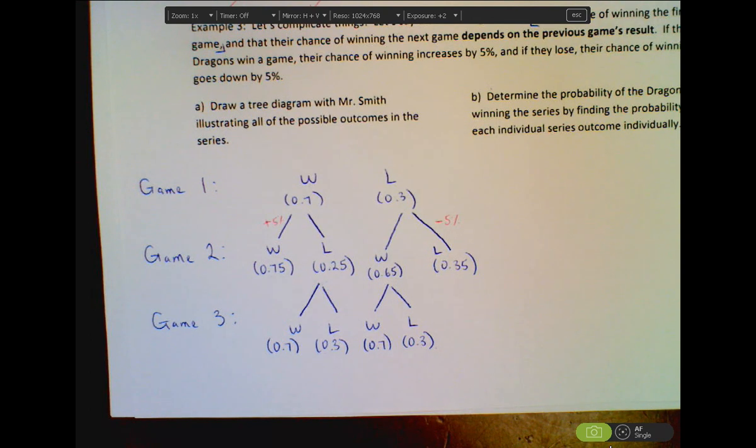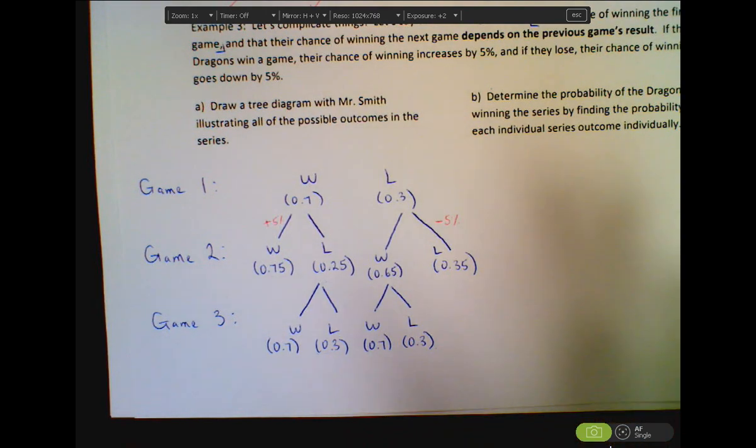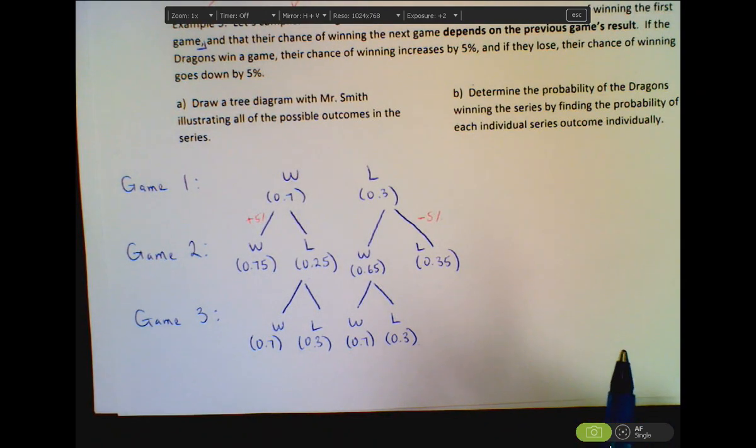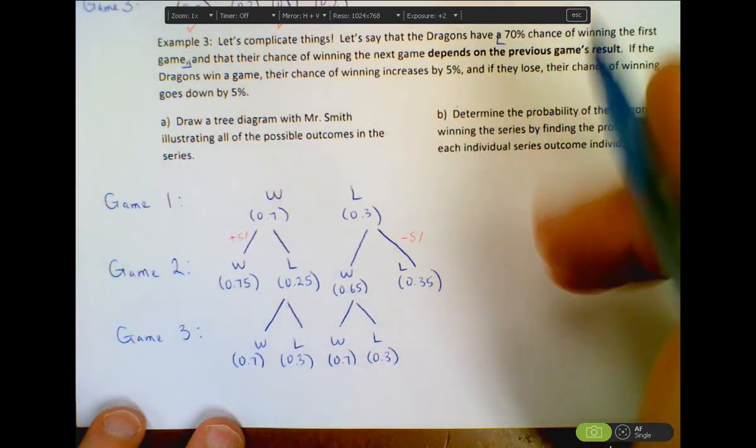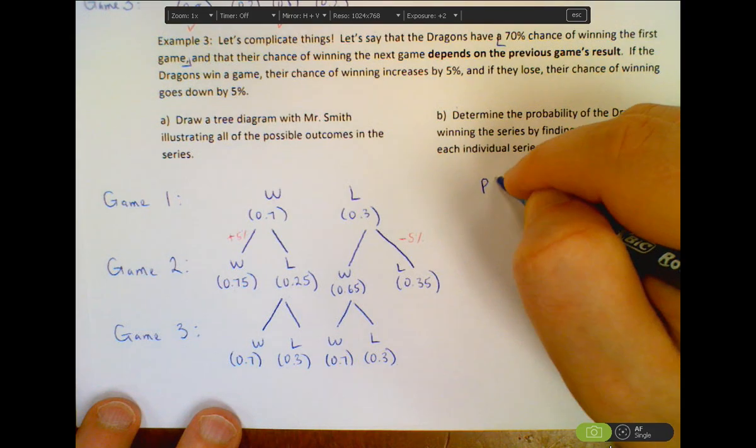So trying to add a little bit of realism. Again, you can play around with these as much as you want. Again, you're just limited by your own creativity. But now that we've done the tree diagram, we can find the probability of winning. We've done 2 examples already. You should try this one on your own. You can pause the video and unpause it when you're ready to check your answer.